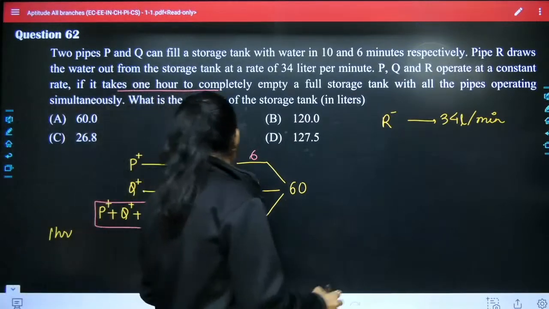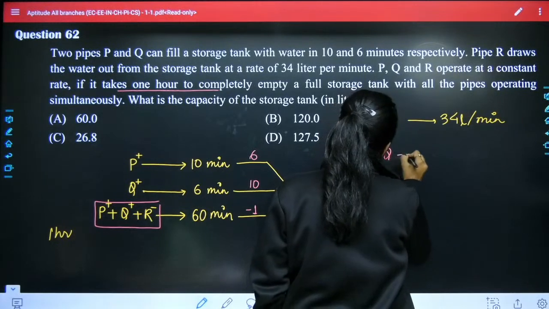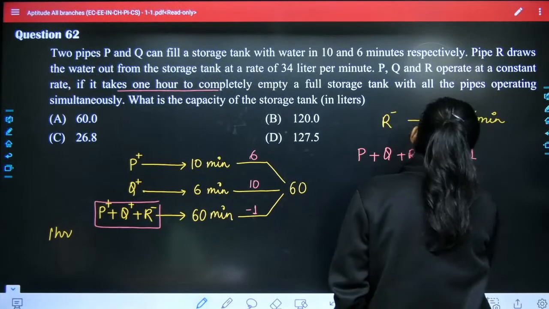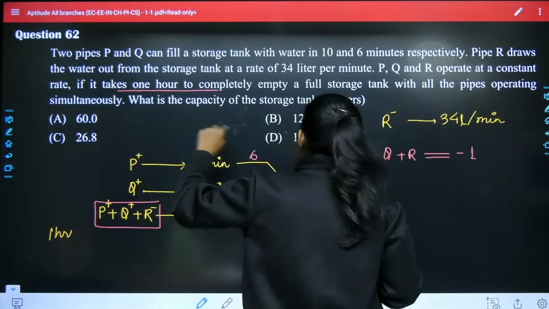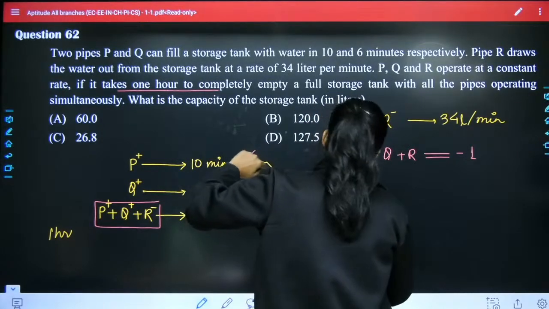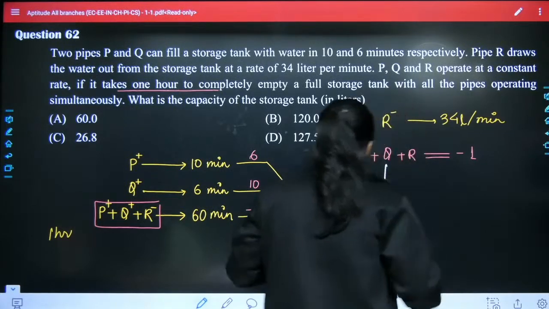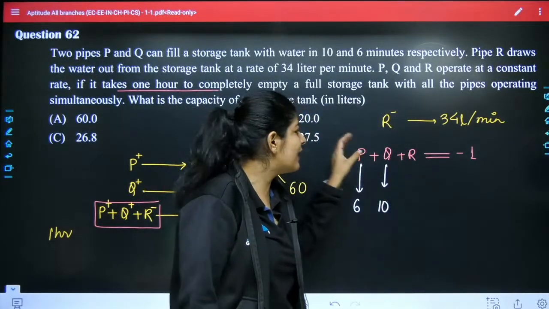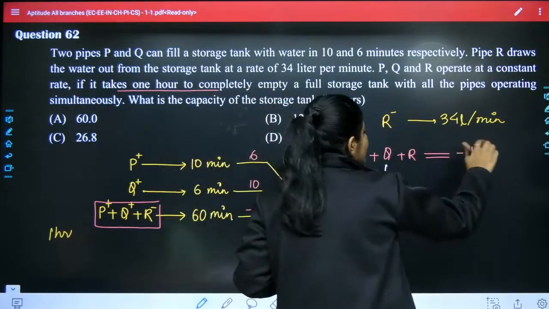So the efficiency of P plus Q plus R together equals -1, but the individual efficiency of P is 6 and that of Q is 10. Then what should be the value of R to satisfy this equation?